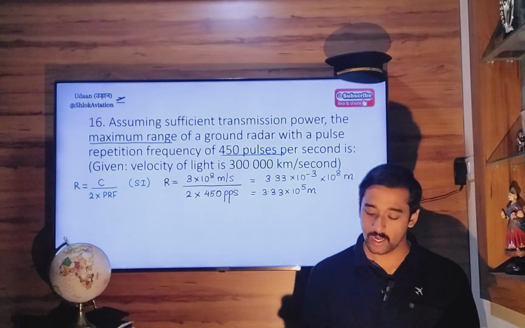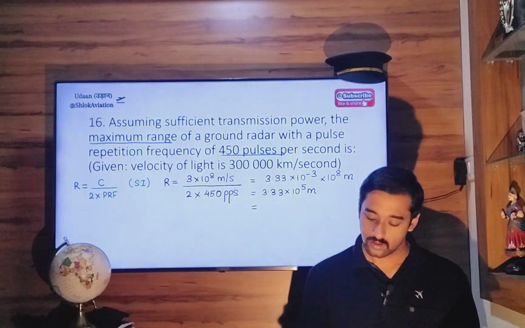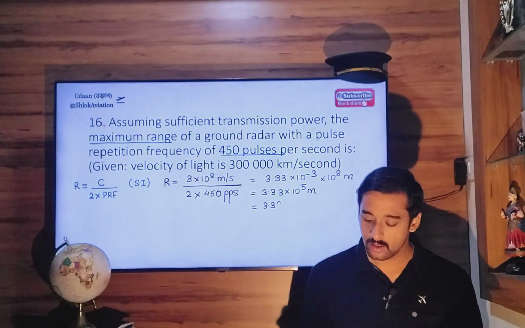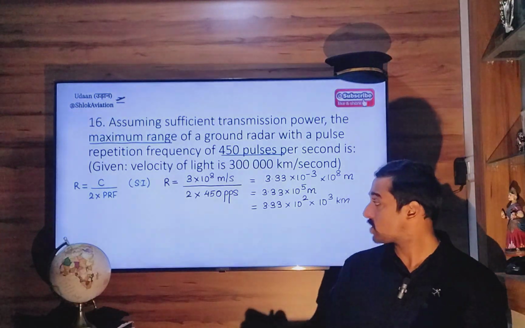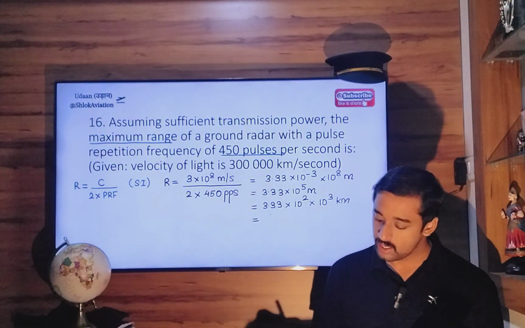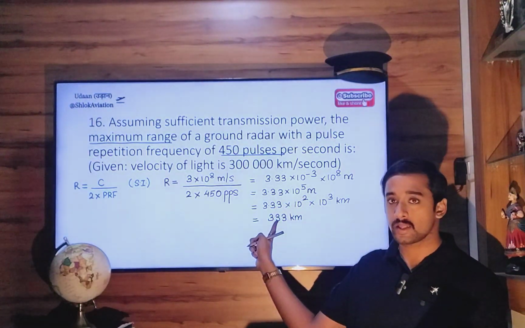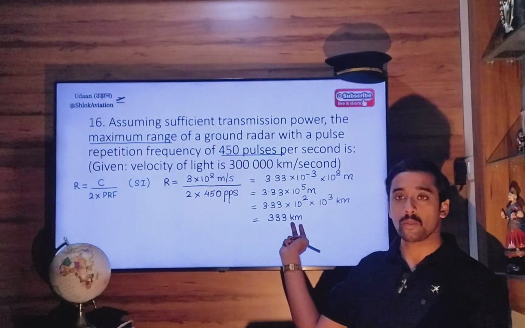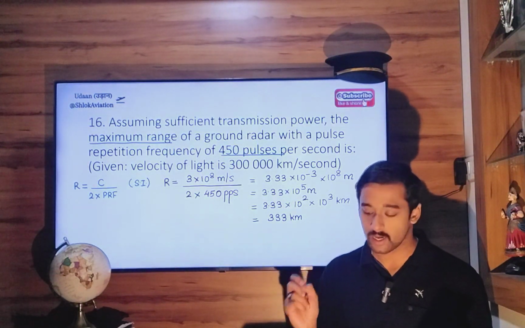Now convert this into kilometer. So 3.33 into 10 raised to 2 into 10 raised to 3 kilometer. So in terms of kilometer, the value will be 333 kilometers. Multiply this 10 raised to 2, you will get 333. 1 kilometer is 1000 meter, 10 raised to 3.